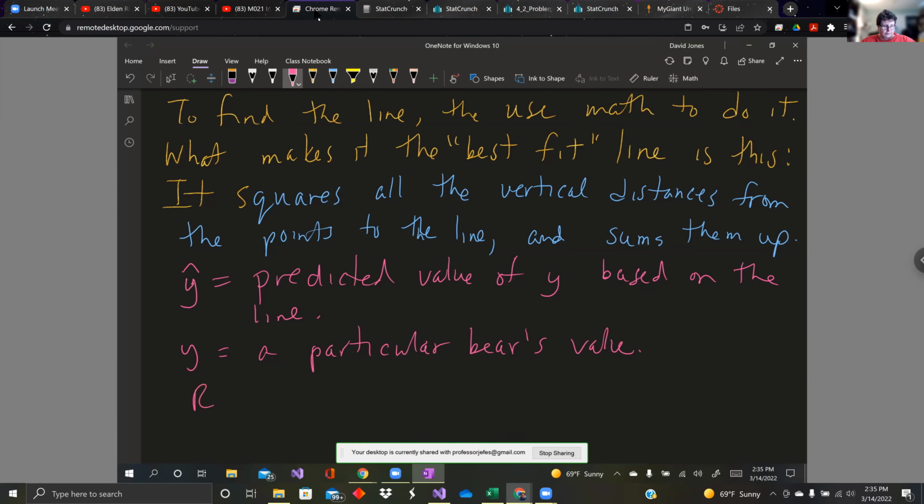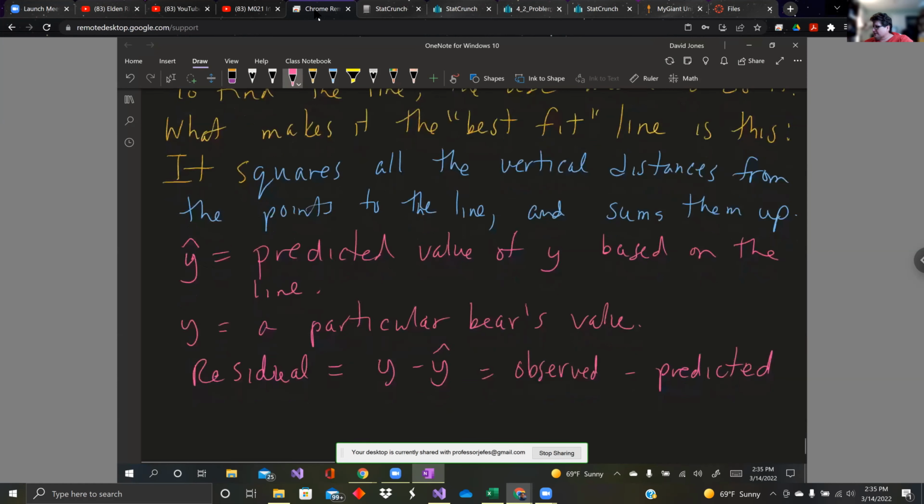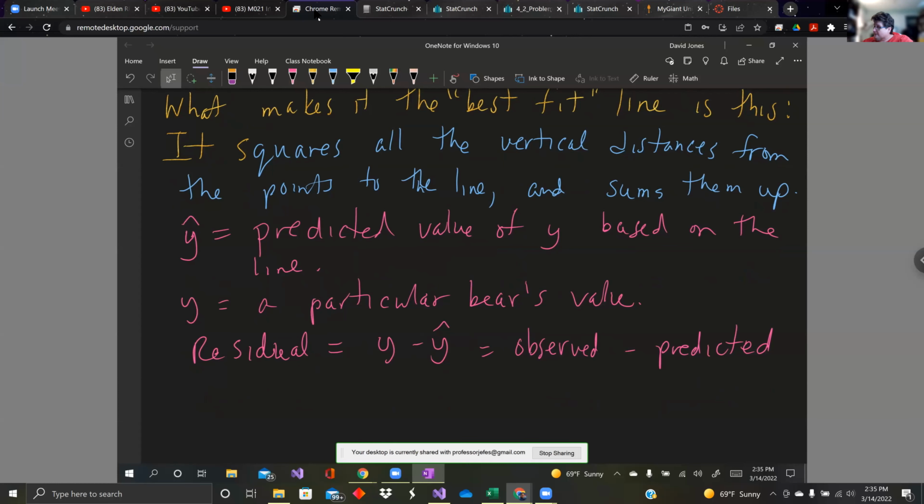The residual is Y minus Y hat. Another way of thinking of it is the observed bears minus the predicted bears. And this is that vertical distance. The residual is that vertical distance.